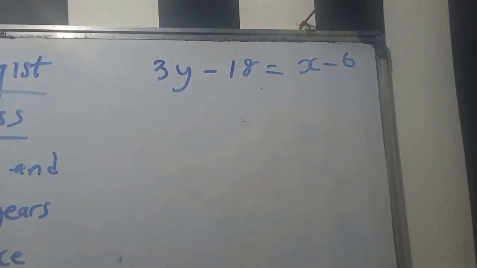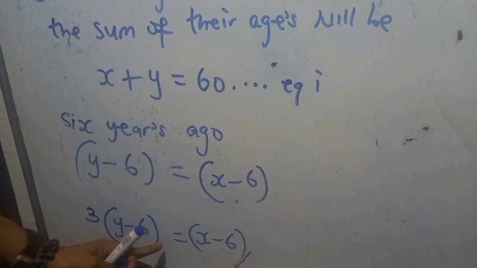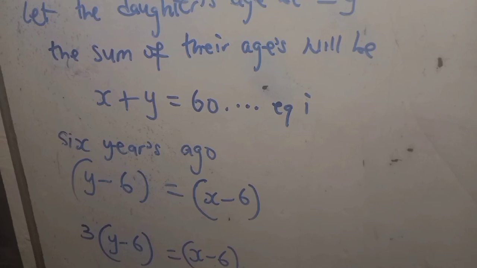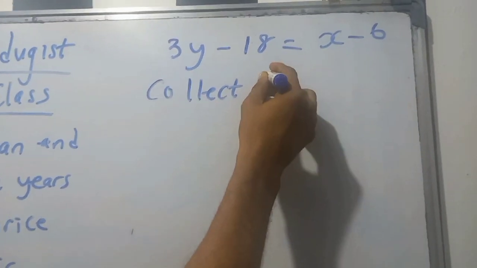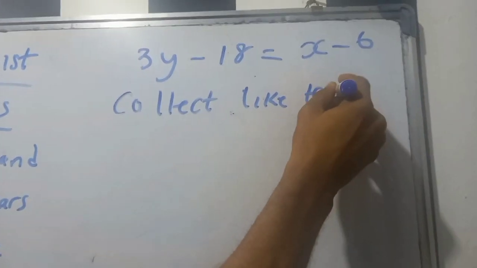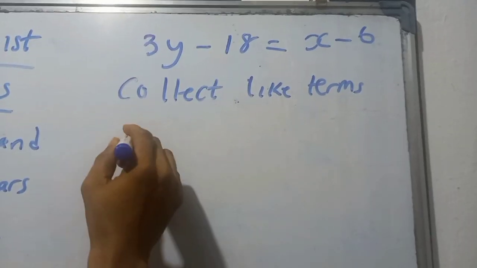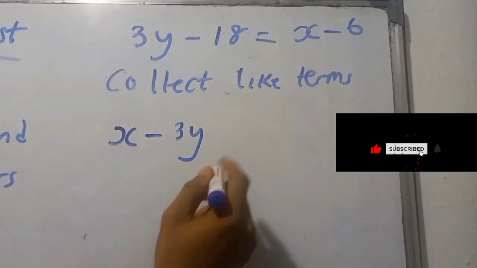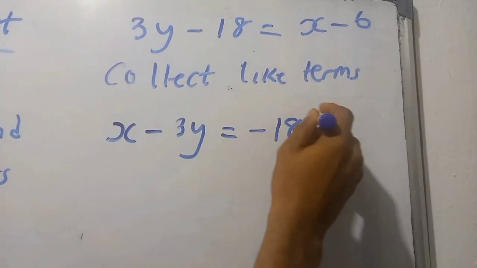So that's what we did there. We cleared the bracket: 3 multiply y is 3y, 3 multiply minus 6 is minus 18, equals to x minus 6. What happened next? Collect like terms of variables. So x minus 3y equals minus 18 plus 6.